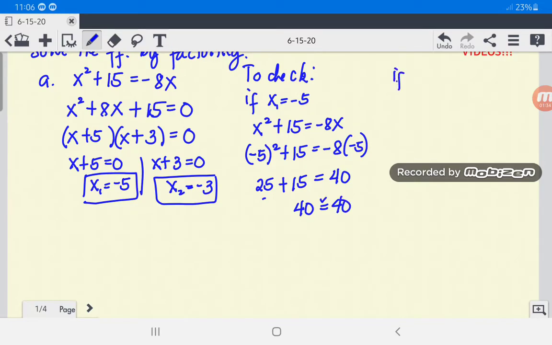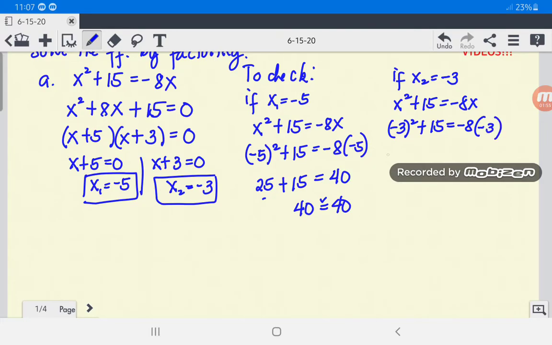Check. If x sub 2 is equal to negative 3, again, using the original equation, x squared plus 15 equals negative 8x. So we have negative 3 squared plus 15 equals negative 8 times negative 3.